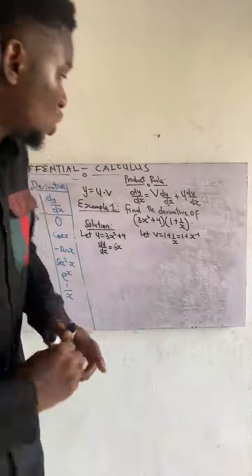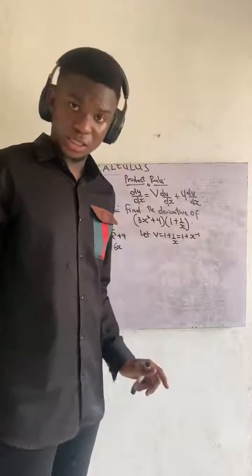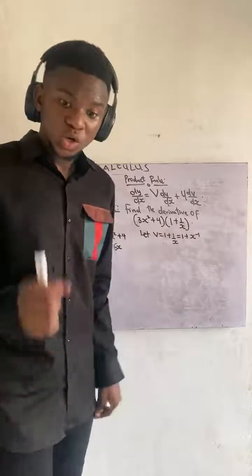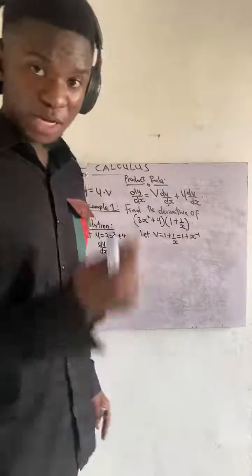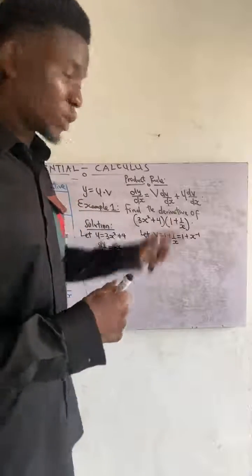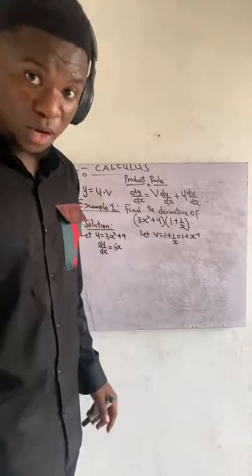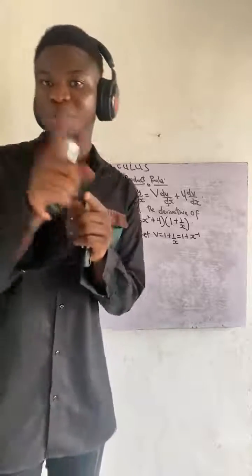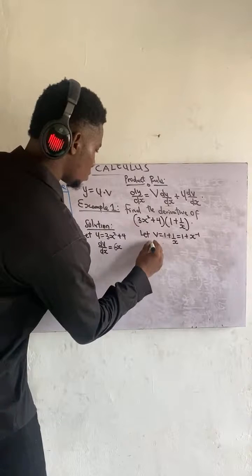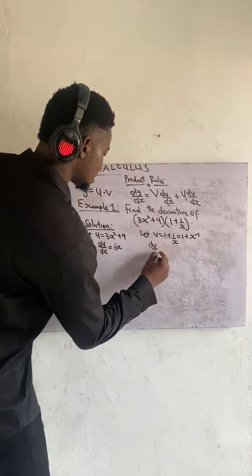Why the differentiation of x raised to power minus 1? You are going to use the minus 1 to multiply the coefficients. So that will be minus 1x, and you also subtract 1 from the power, that will be what? Minus 2, because minus 1 minus 1 will give us minus 2.